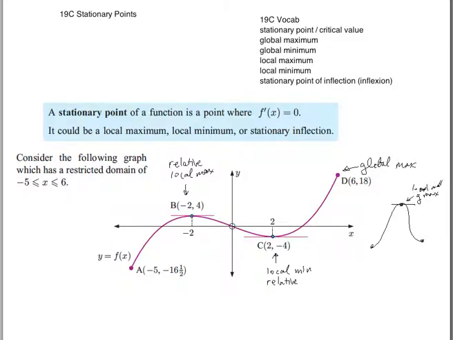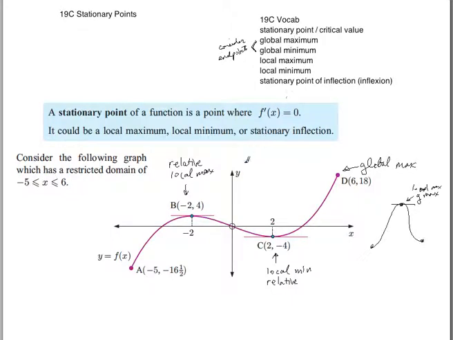So that's a local maximum, and at the same time it's a global maximum. Just in this example, we have the global maximum on the endpoint. So for global, you do need to consider the endpoints.